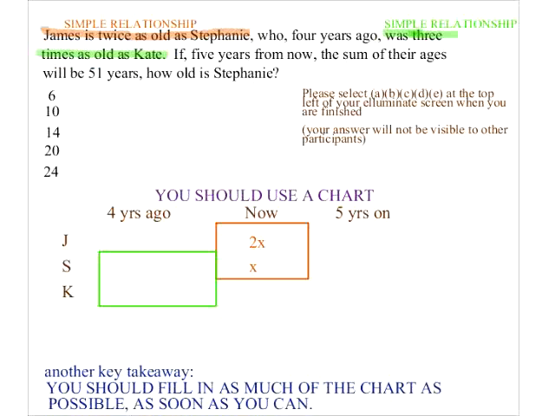So that's what we're going to do now, and that's why you should have a chart for these quantities. So if Stephanie is X years old now, then we can fill in Stephanie 4 years ago. How old was Stephanie 4 years ago? Go ahead and type in the text box, please.